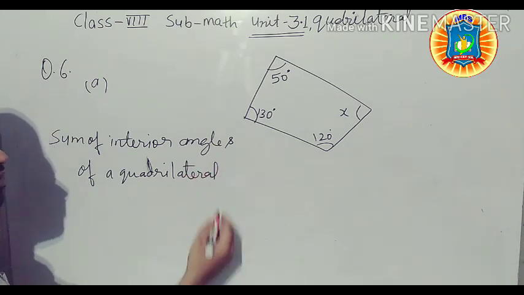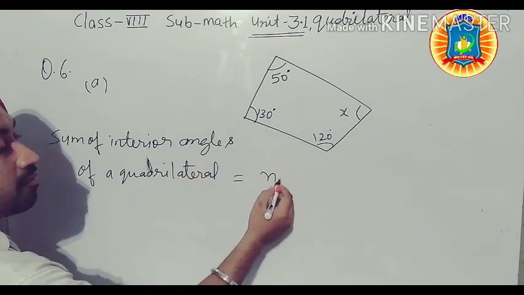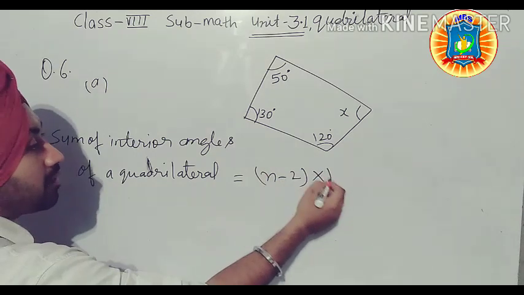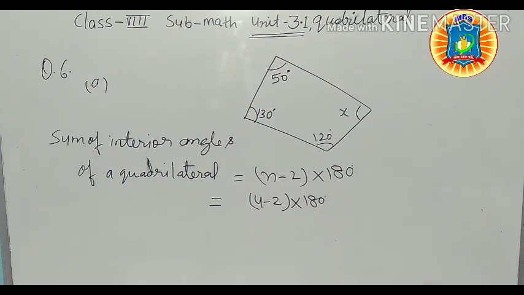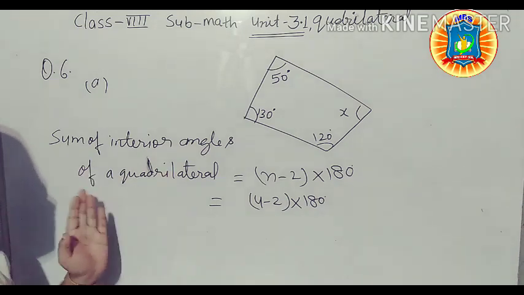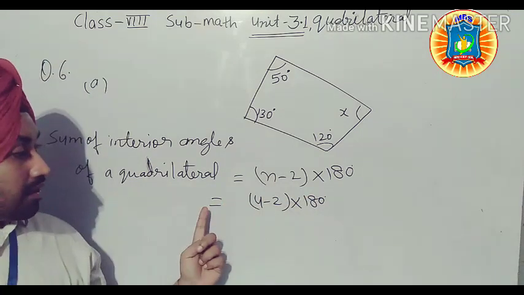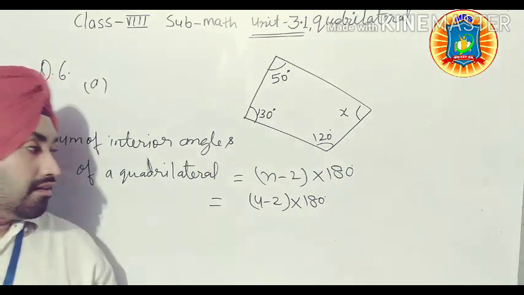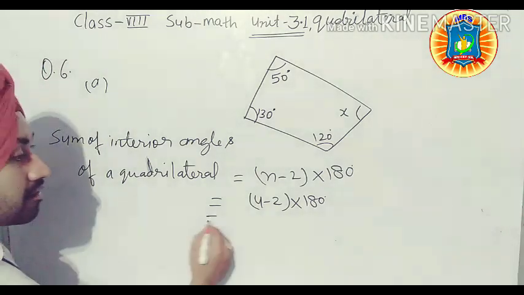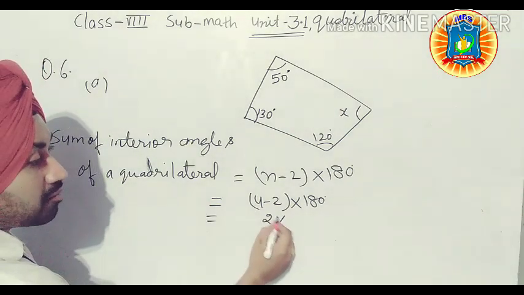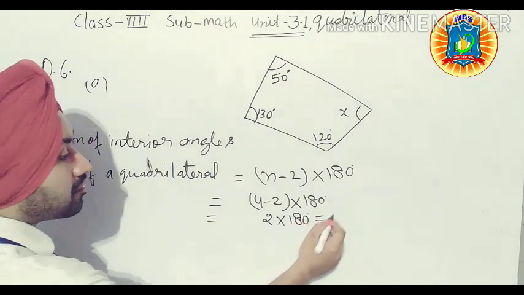Sum of interior angles of a quadrilateral we get by the formula n minus 2 multiplied by 180, which equals 4 minus 2 multiplied by 180. 4 minus 2 becomes 2, multiplied by 180, and we get 360 degree.